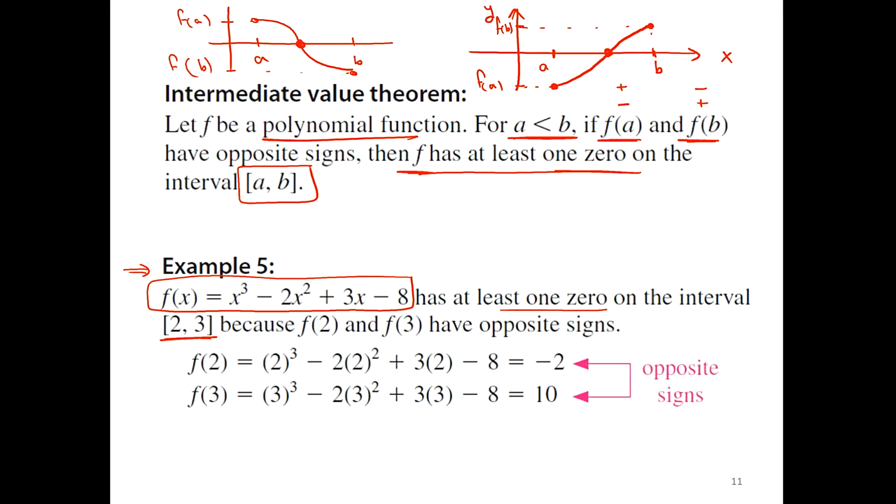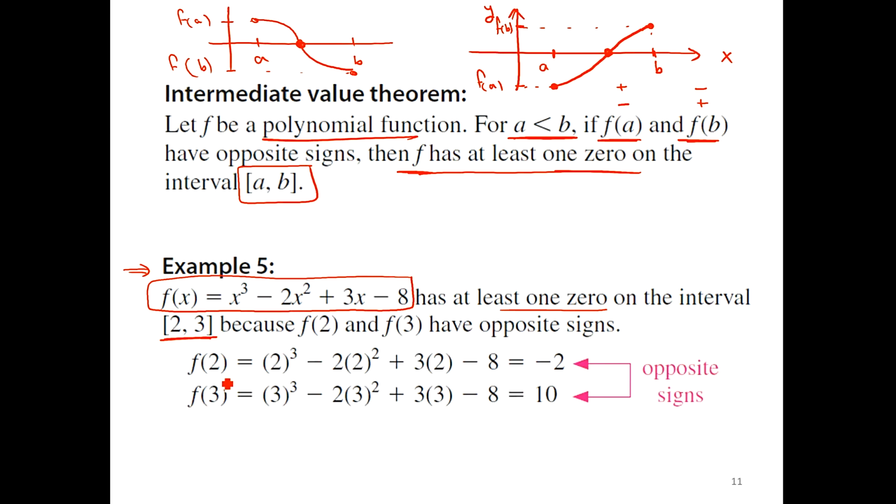Now substitute 2 in f of x and substitute 3 in f of x. If we have different signs, then absolutely we have a zero between 2 and 3 for f of x.